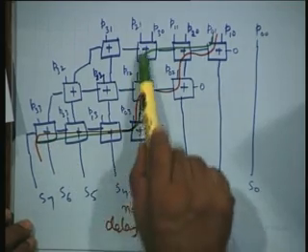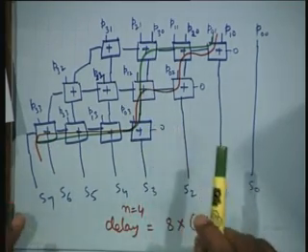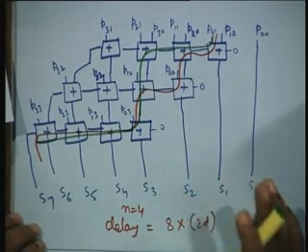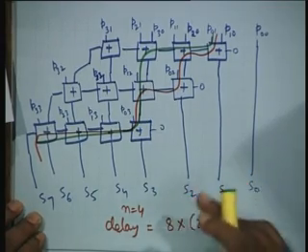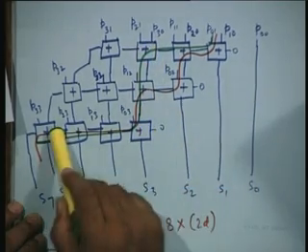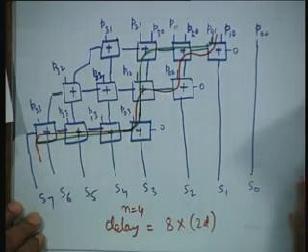You can calculate exactly, but you would find that it will be something like 3 times n. This is approximately n, approximately n, approximately n. Now, when we use carry save addition, then what do we get?